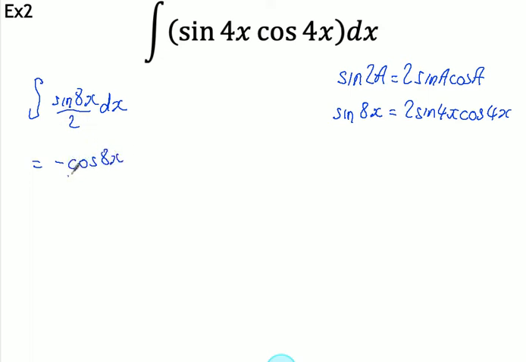Sine becomes negative cosine, and I must divide through by that 8, plus c.